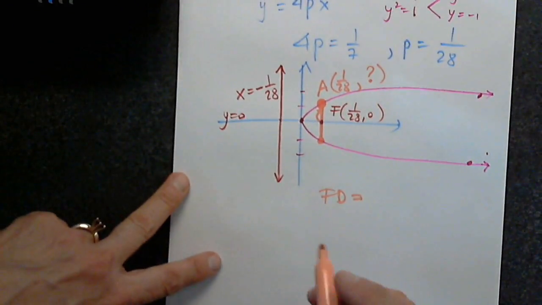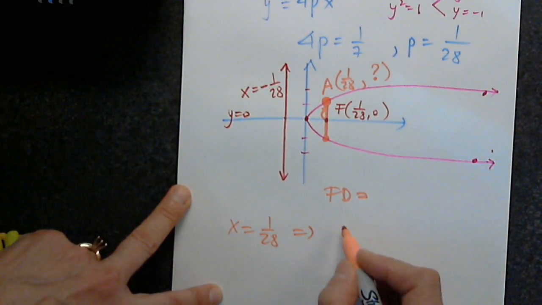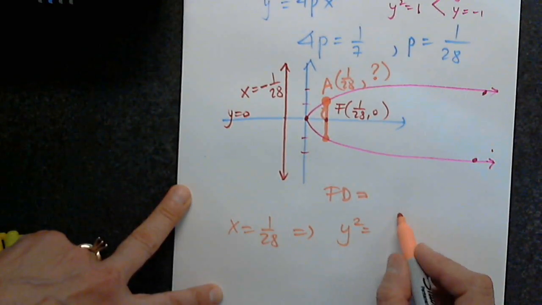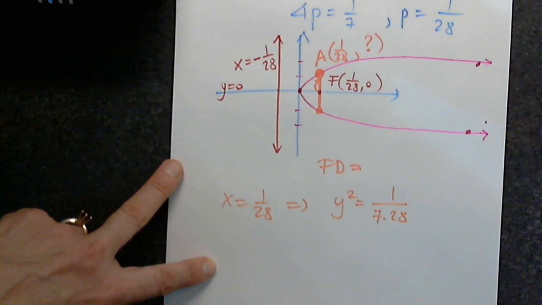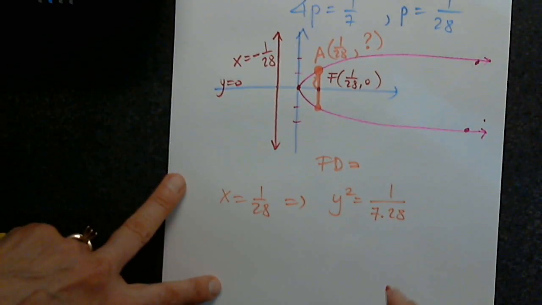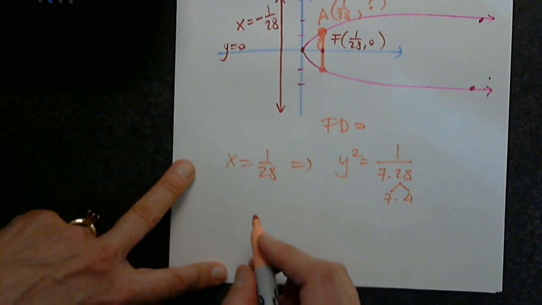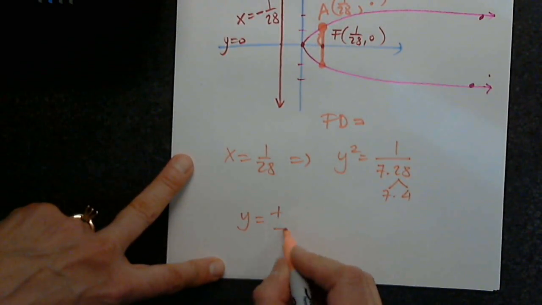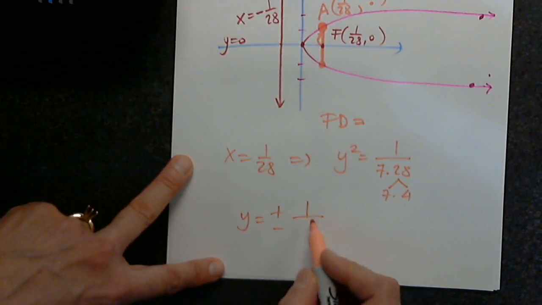Okay. So when x equals 1 over 28, y squared equals 1 over 7 times 28, which I like because it's 7 times 4, and I can take the square root. So then y will be plus or minus 1 over 14.